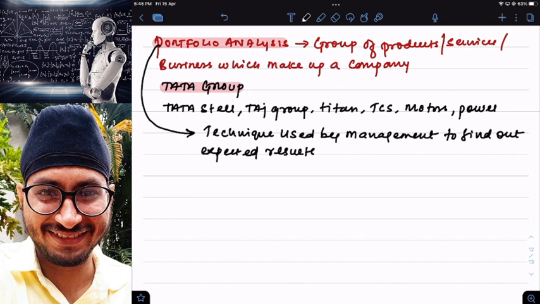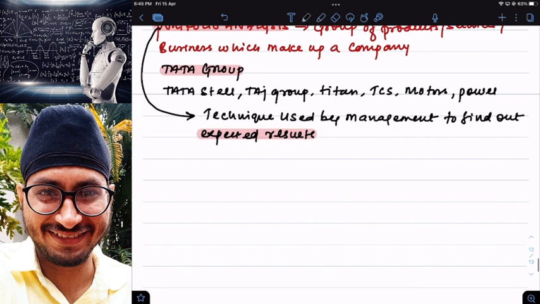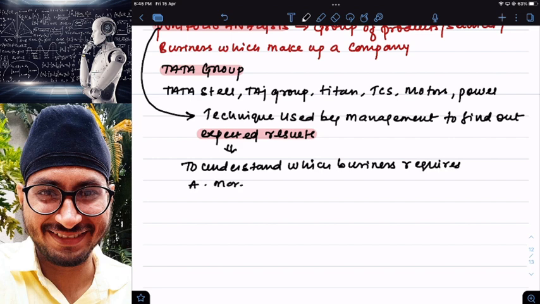Example of expected results: I want to understand which business requires more investment, which business requires less investment, and which business requires no investment.